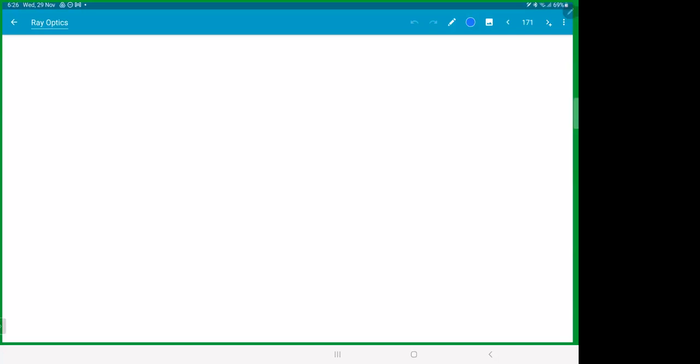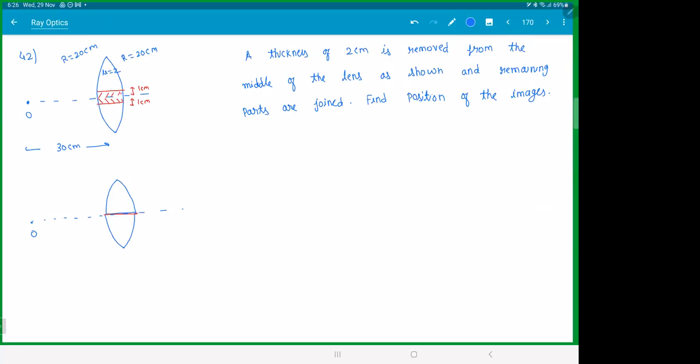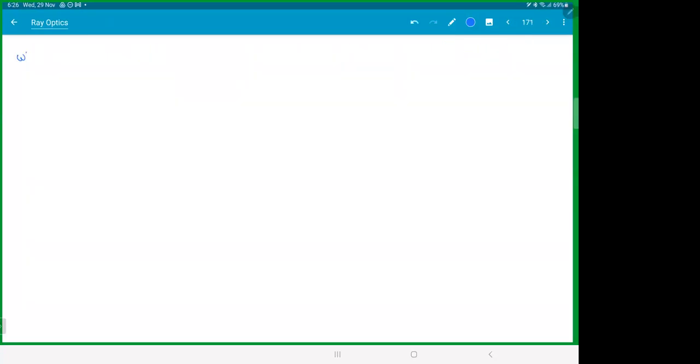So by cutting a lens, when a lens is cut, the principal axis remains same.